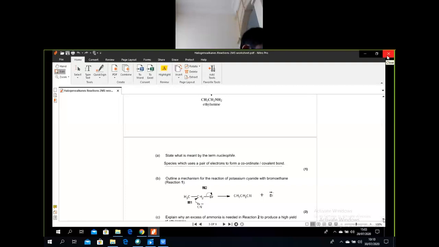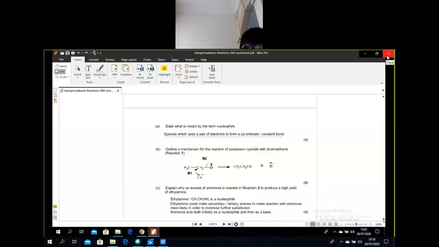Now part B, outline the mechanism for the reaction of potassium cyanide with bromoethane to become propane nitrile. The electron of the CH2 is taken by the bromine, because bromine is a very electronegative element.